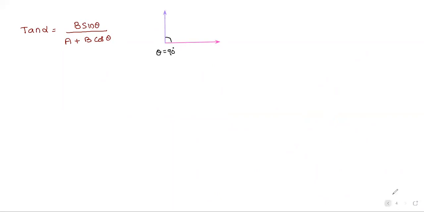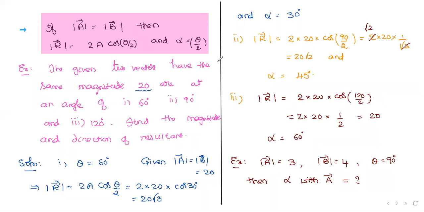The magnitude of A bar is 3, and the magnitude of the other vector is 4.